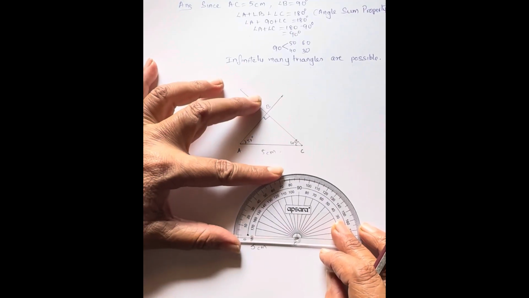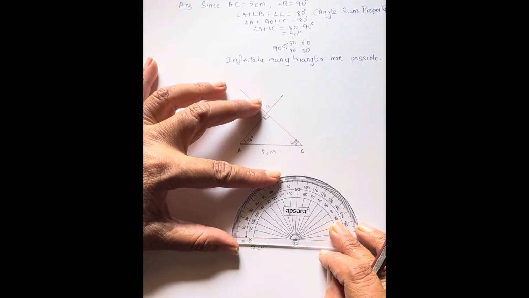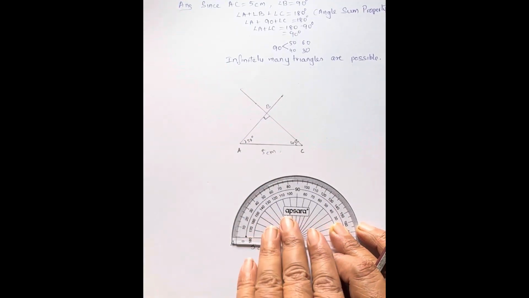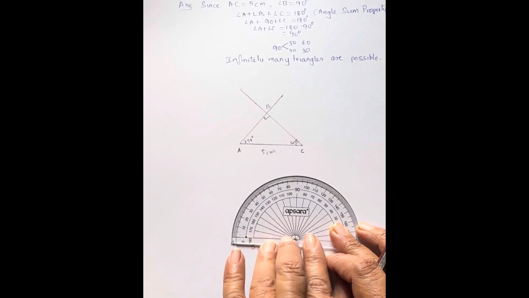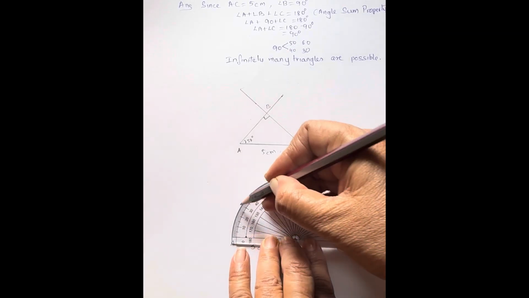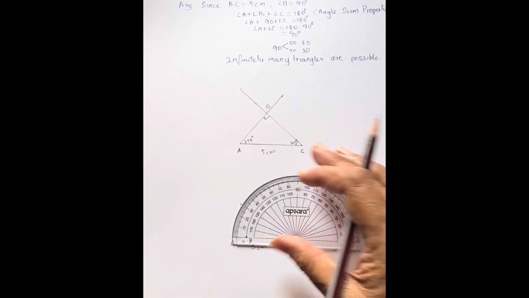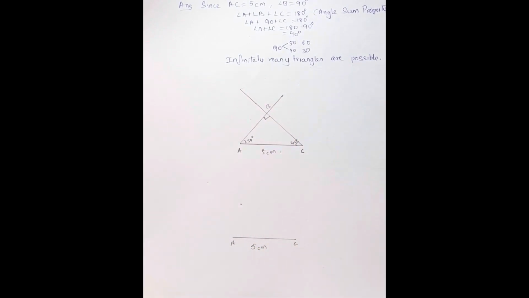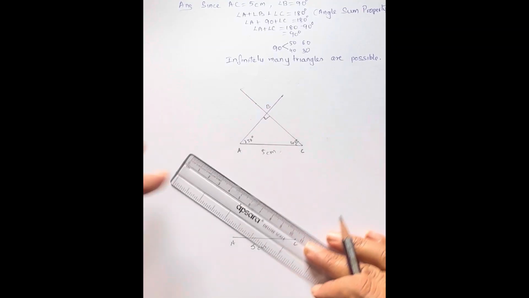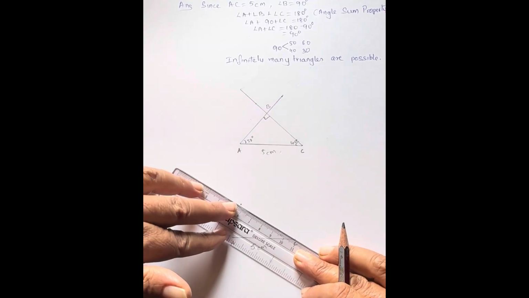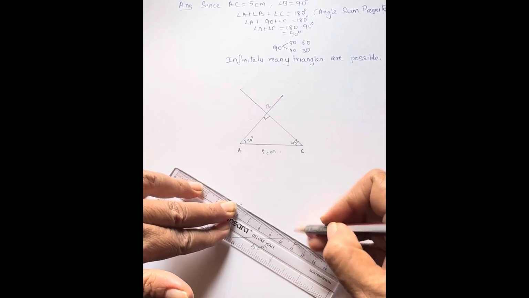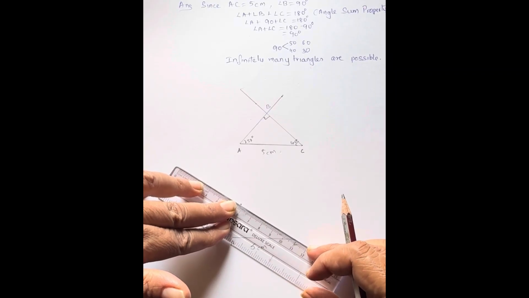So if we take this angle C as 30 degree, match the baseline first, and we are going on the left side, so 30 degree will be the outer scale. Take care of the scale, otherwise everything will be wrong. Join these 2 points.